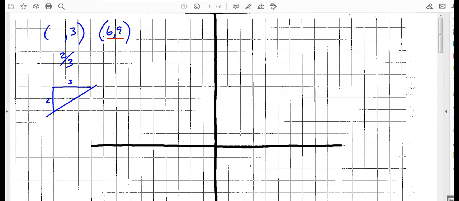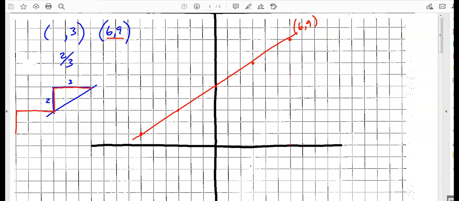So over 6, up 9. So here's my point 6, 9. And from that point, I need to go 3 over and 2 down to kind of keep the stairs rolling. So 3 over 2 down, 3 over 2 down, 3 over 2 down. And there's my line.